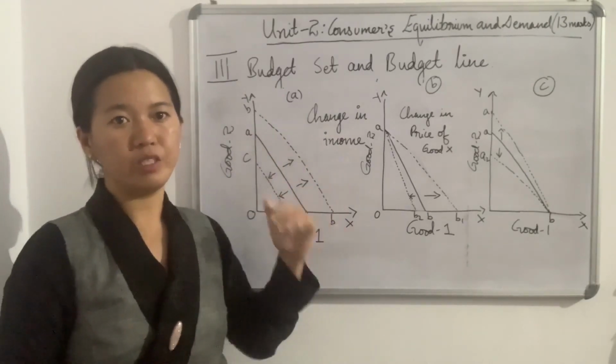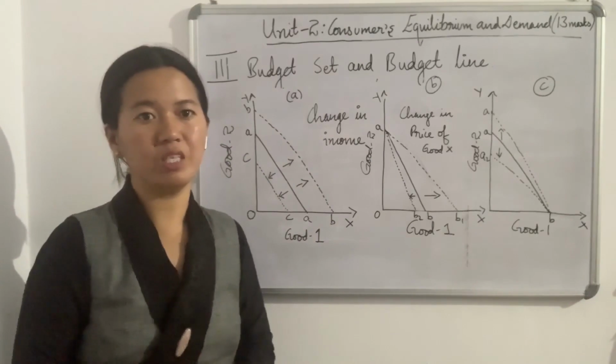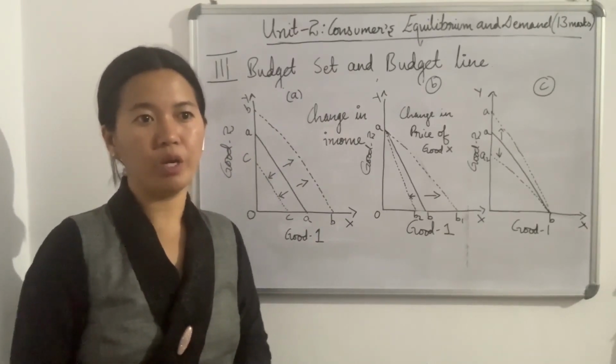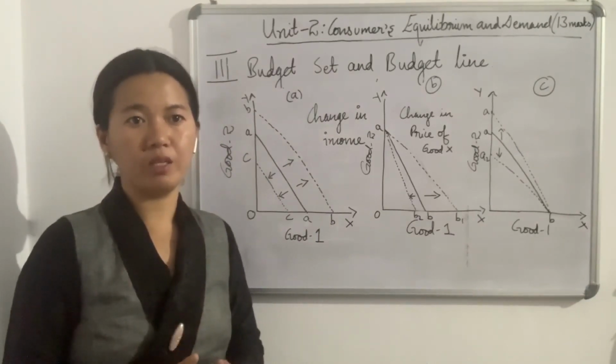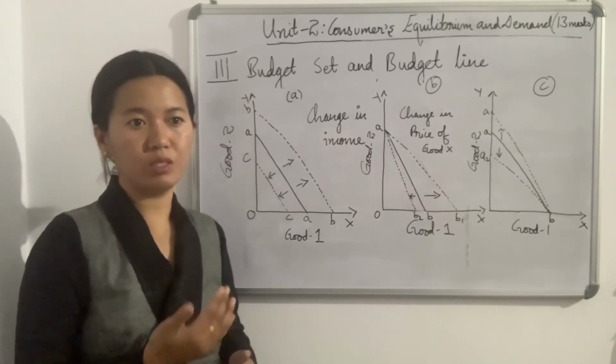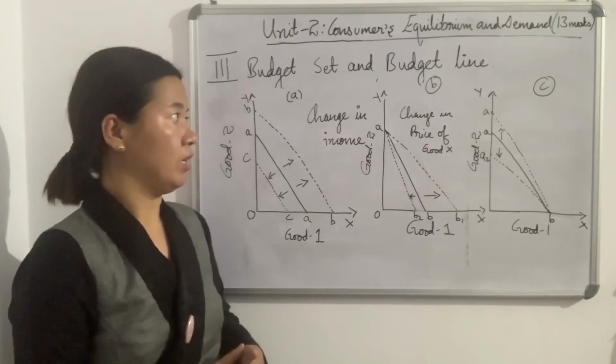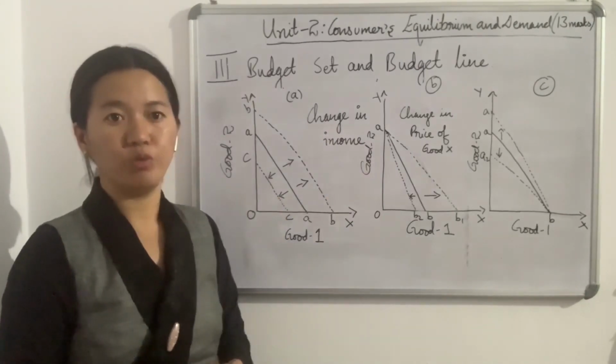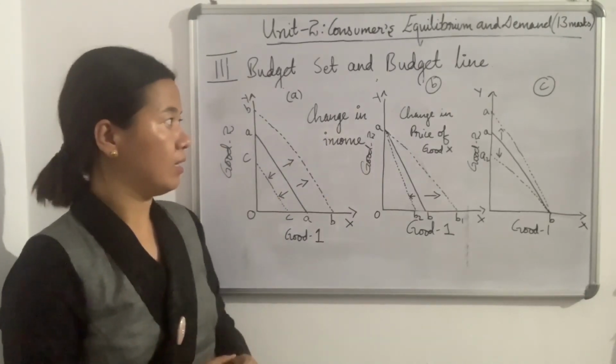In this way, the shift in budget line depends upon the change in income. When you have more income, your budget line will shift towards right, and with less income, the budget line will shift towards left.